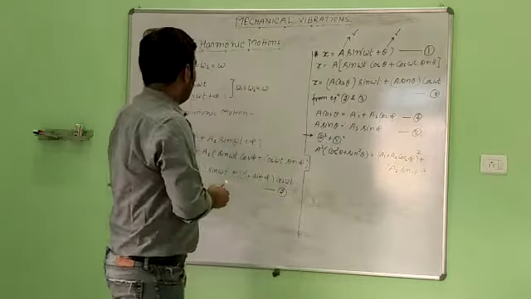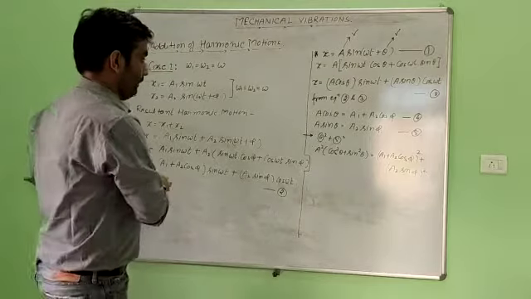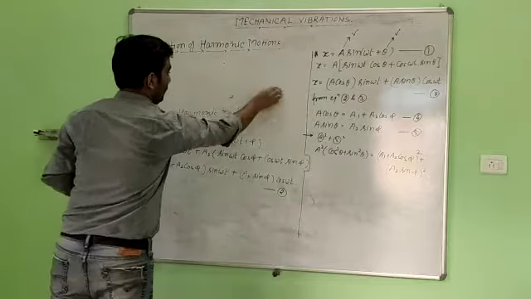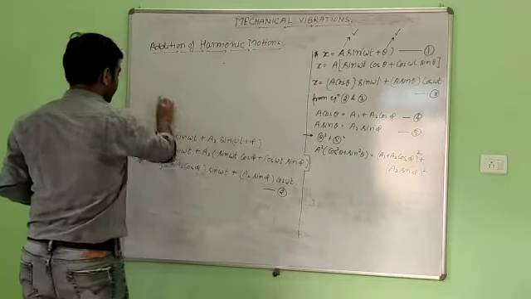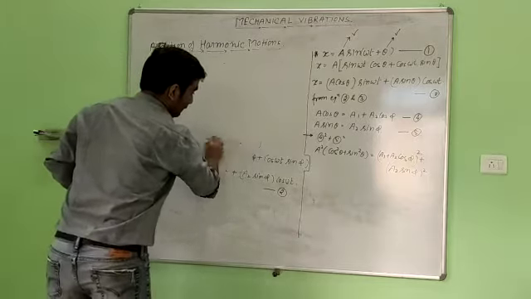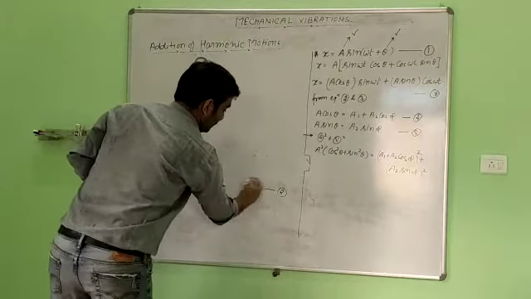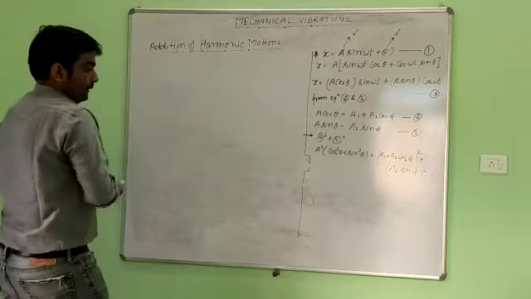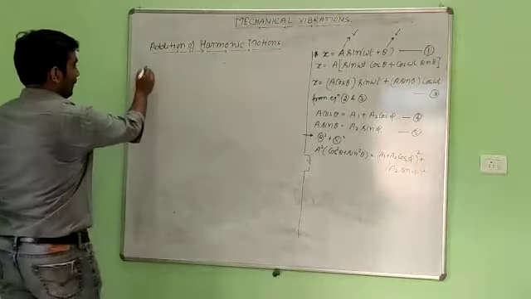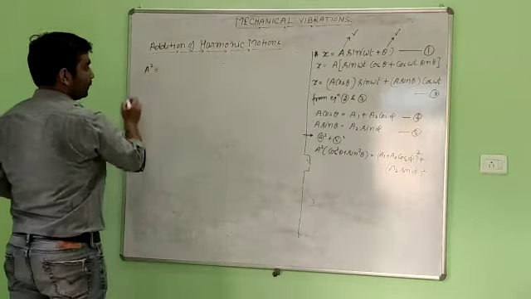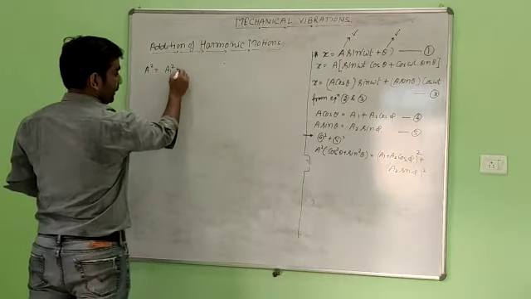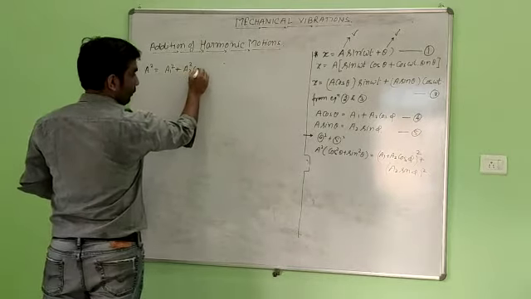So a square times (cos square theta plus sin square theta), and sin square theta plus cos square theta equal to 1.